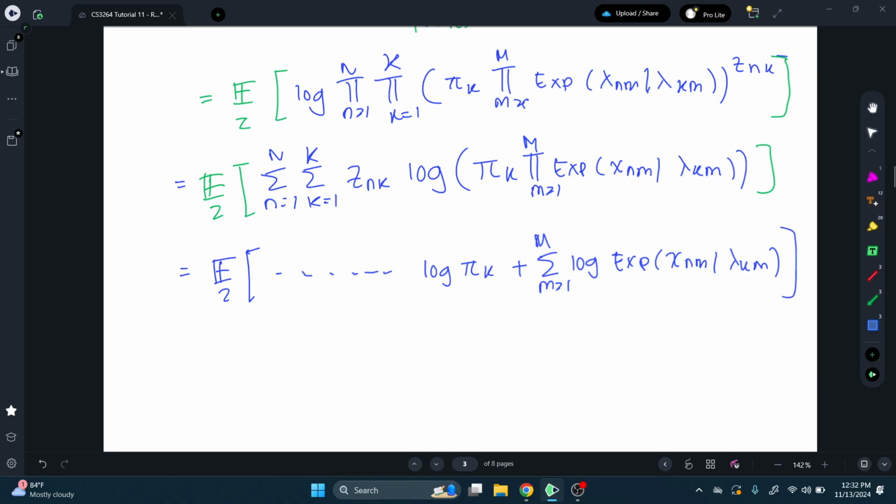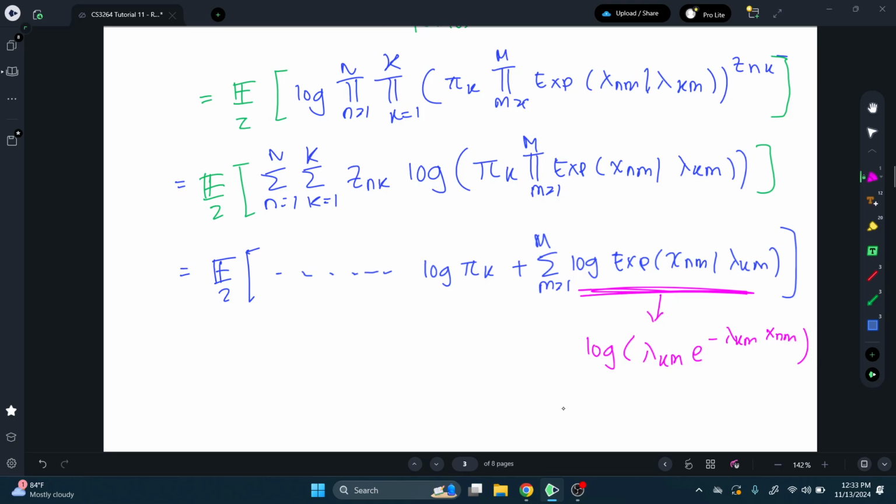Okay, so now this is basically your expectation value. But we can also split this further to see what this log of the exponential distribution is. Here, this is essentially just taking the log of your lambda km e raised to negative lambda km x nm.